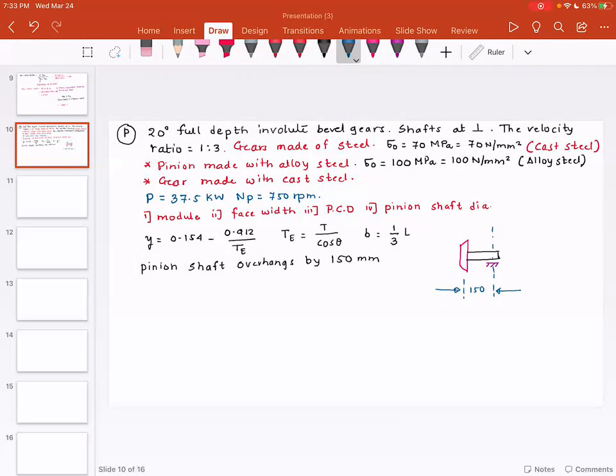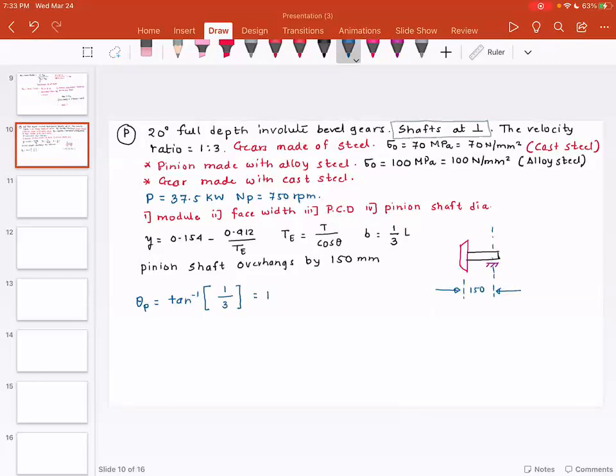So once again, the gear shafts are at 90 degrees. So both the shafts are perpendicular to each other. So what that means is I should be able to find out the theta value of P, which is pinion. Theta P for pinion is tan inverse 1 divided by 3.